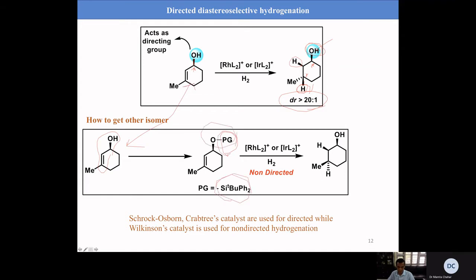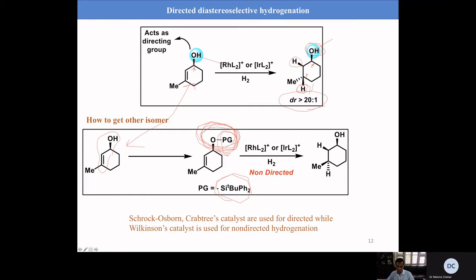Now this is no longer a directing group. This is a bulky group now. It cannot bind with the metal center because it was hydroxo and less bulky. It was binding with the metal center, and then that further was giving the direction where the reaction would be happening. In this case, this is not the case anymore, and we have this protecting group which is becoming very bulky.